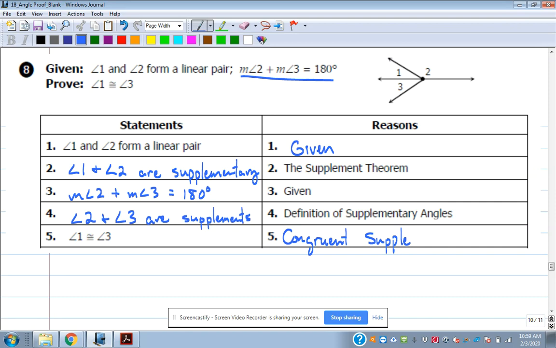It's like transitive property, but it's talking about supplementary angles, so it's a little bit more specific. That one's got a little twist to it because of the supplementary, but congruent supplements theorem.